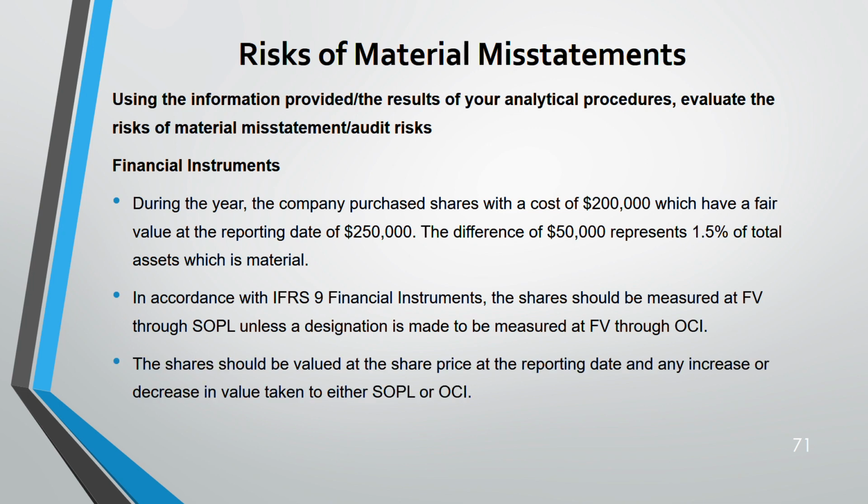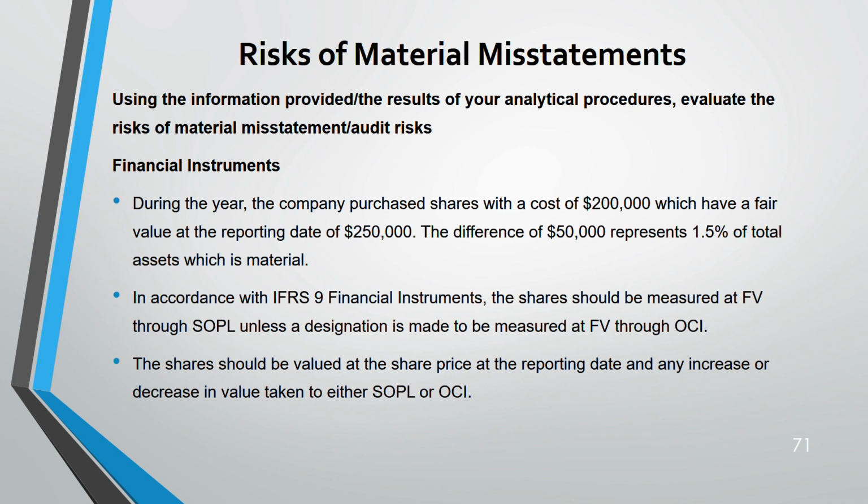So here, any increase or decrease will go to profit and loss or other comprehensive income, depending on what you are measuring your fair value at. Sorry, shares. Shares are measured at fair value through profit and loss.